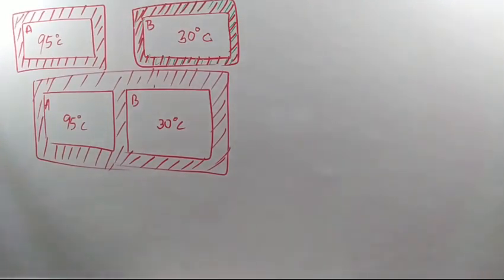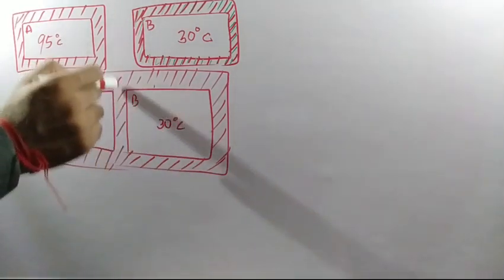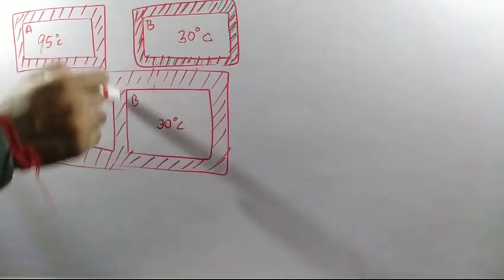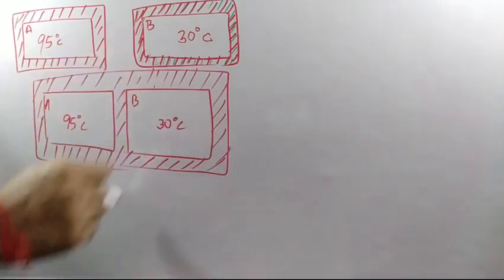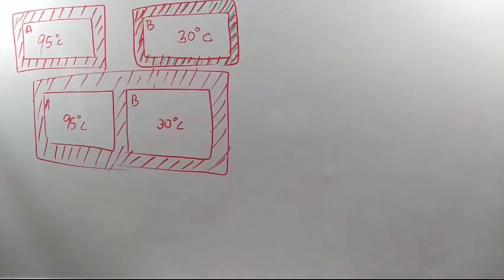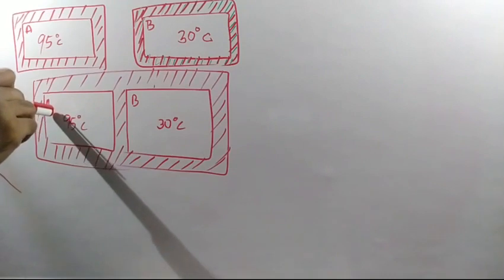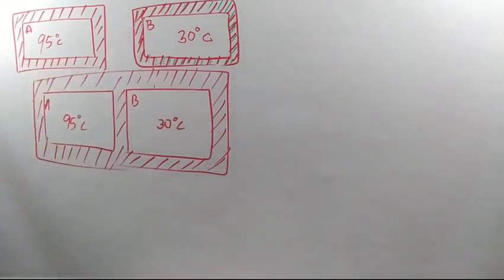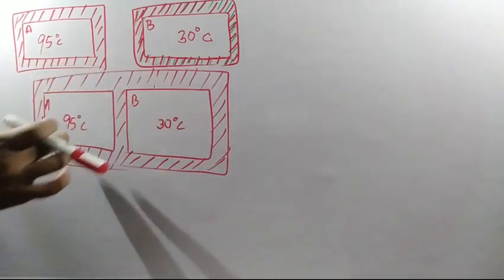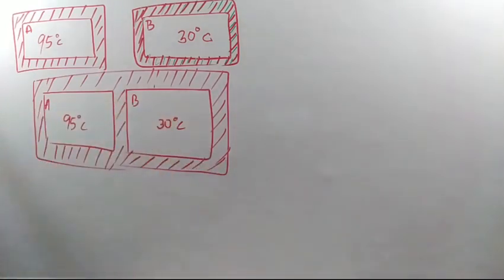Now just think about this. In between, which wall do we have? Adiabatic wall. Adiabatic means non-conducting wall. That means, do we have any chance of heat flow from A to B? Here we have a temperature difference, and heat should flow from higher temperature to lower temperature.